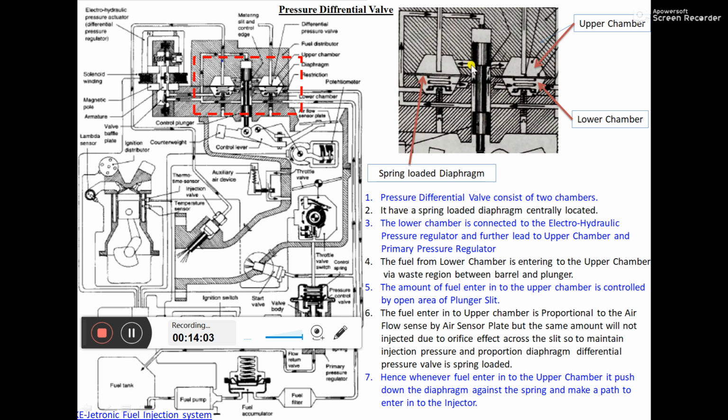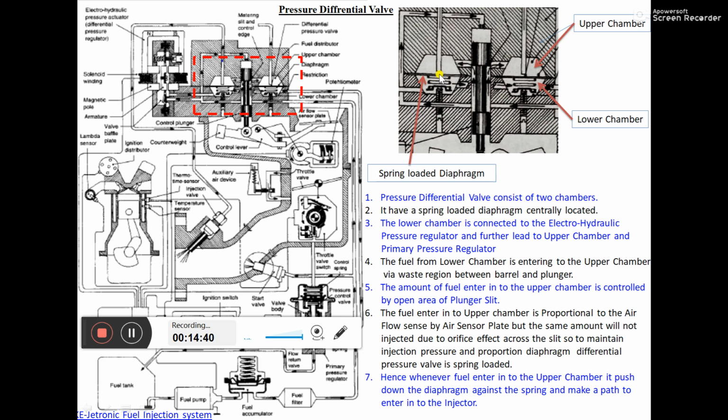For that purpose, we have the spring here. Whenever pressure drops, the spring pushes the diaphragm upward and closes this opening. But the huge accumulation of fuel in the upper chamber starts pushing the diaphragm in the downward direction and tries to regain whatever pressure was lost due to this orifice effect. So this ensures that the pressure in the line remains the same, with the spring located at the downward side.